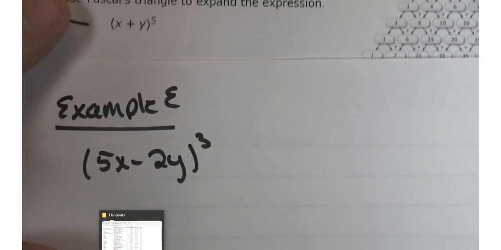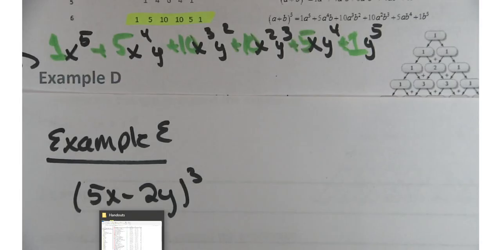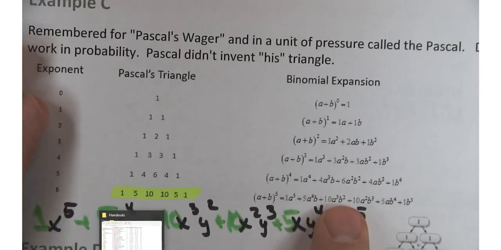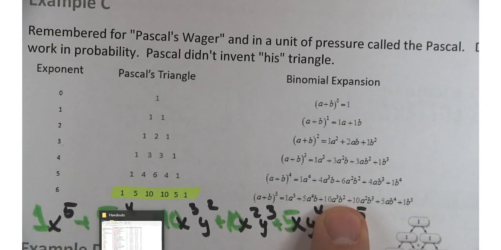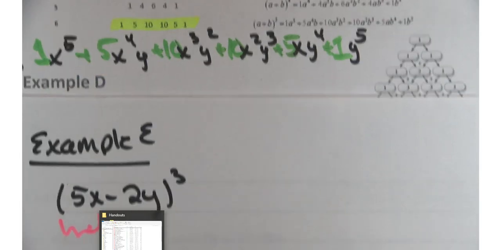Now I'm going to regard this first term as kind of like my A, back in this formula up here. So I'll regard this as being the A, and then this term as being the B. And I'm going to include the negative as part of that.